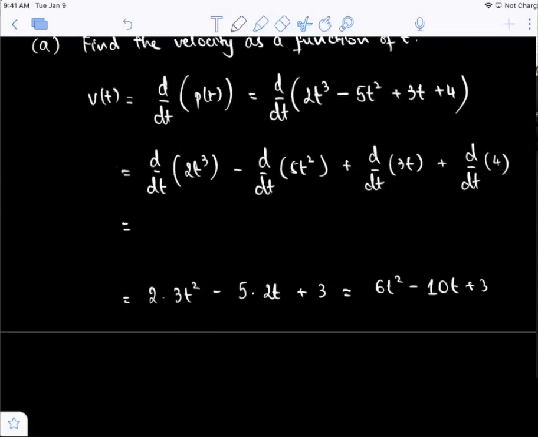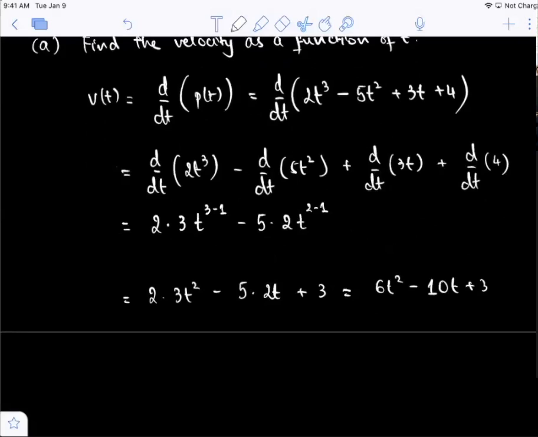So the first term, the derivative of 2t cubed, is a constant multiple. What is the derivative of t cubed? You use the power rule, 3 times t to the 3 minus 1, and then minus 5 times 2t to the 2 minus 1.